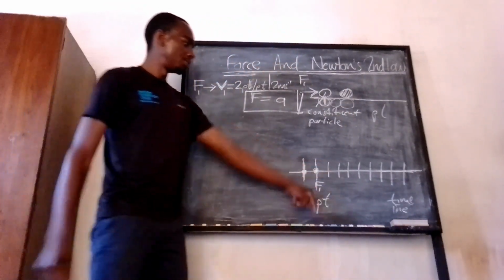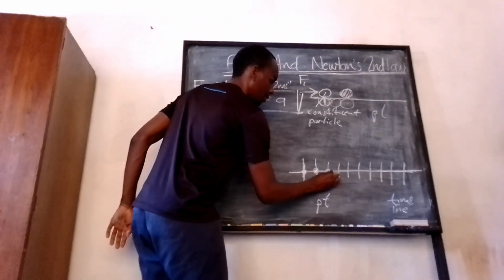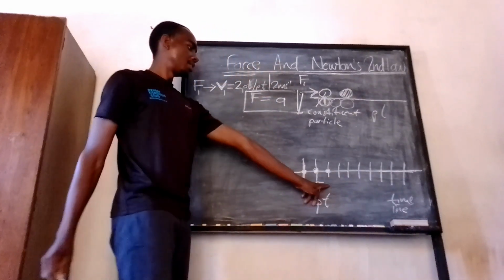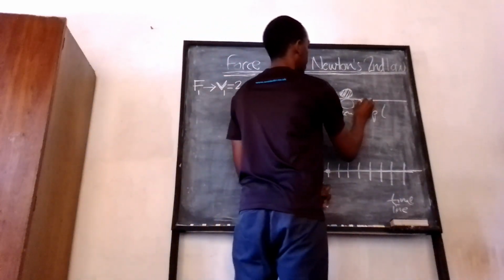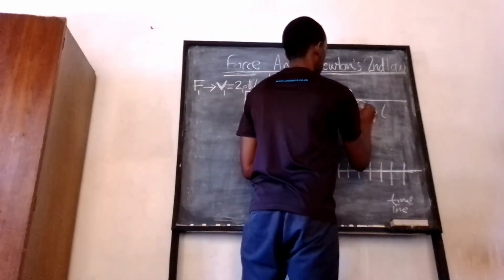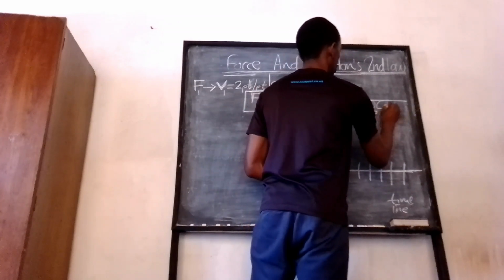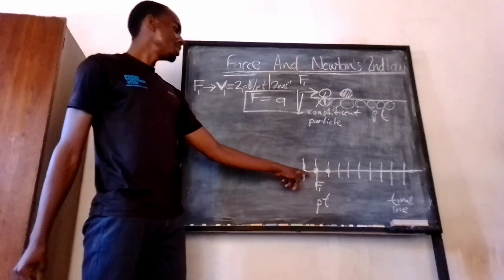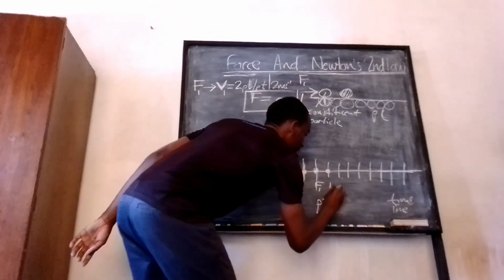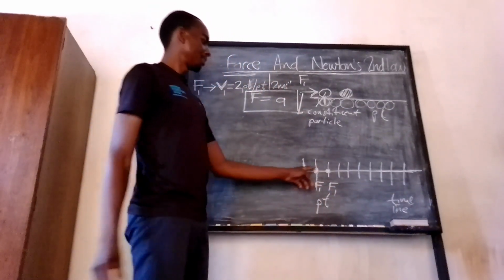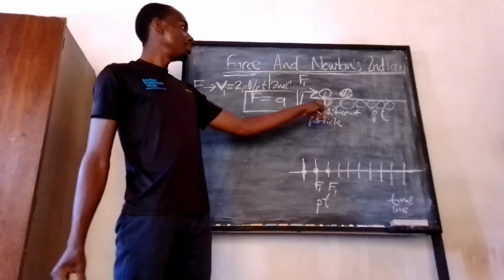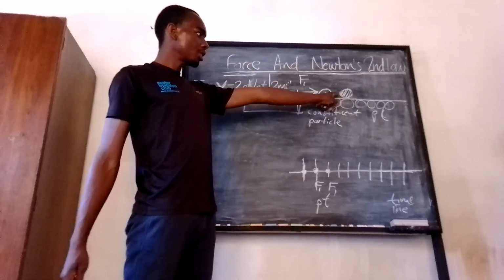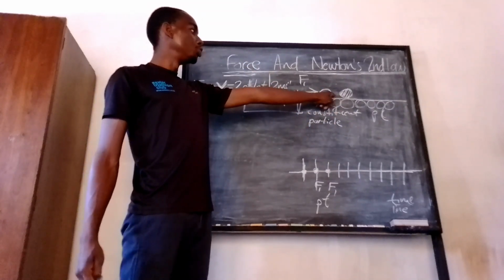What happens the next instant? The third instant: 1, 2, 3, 4. Now, if I continue applying my force F1, remember that when I applied my force, the body got a speed of 2 meters per second.